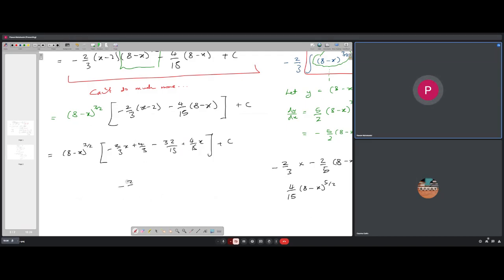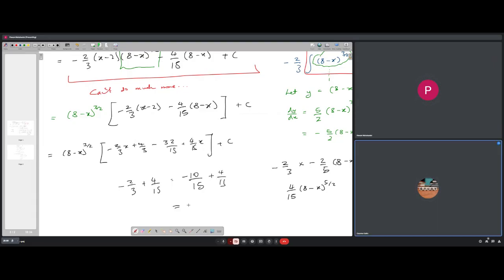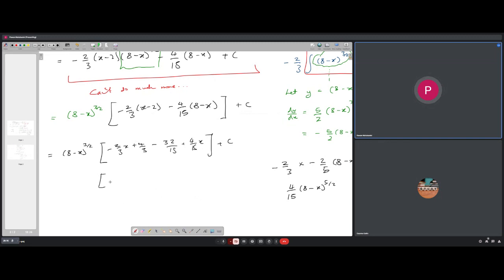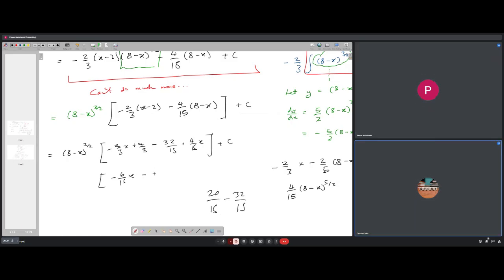Minus 2/3 plus 4 over 15 gives me, well, that's minus 10 all over 15 plus 4/15. That's minus 6 over 15. So that's minus 6 over 15 x. Then you've got 4/3. That will be 20 over 15 minus 32 over 15. Minus 12 over 15.